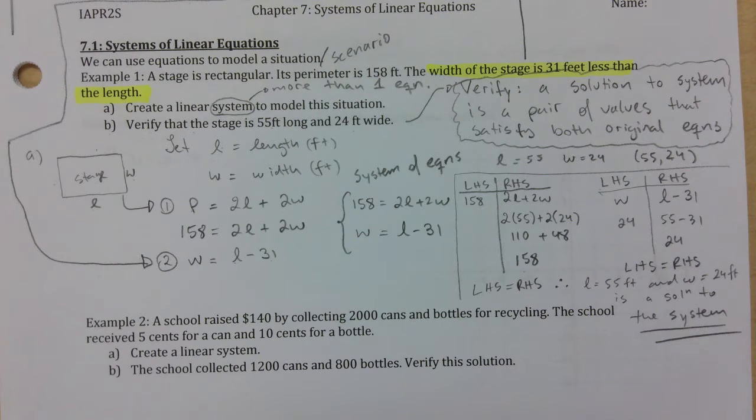If there had been 3, you would have had to plug in and check all 3 equations to make sure it works out. That's what verifies means. That's what checking means. You check whether or not the left-hand side is equal to the right-hand side. And if it's the case for both, you are correct. That is a solution to the problem.